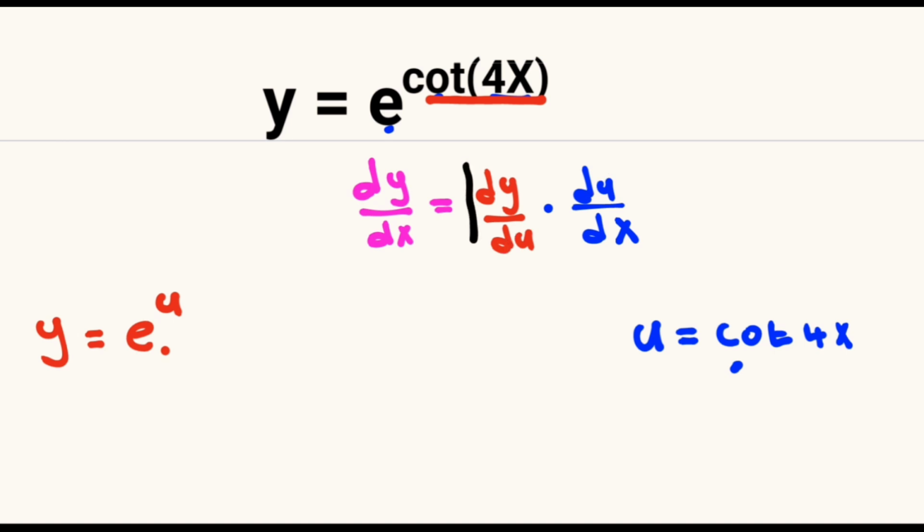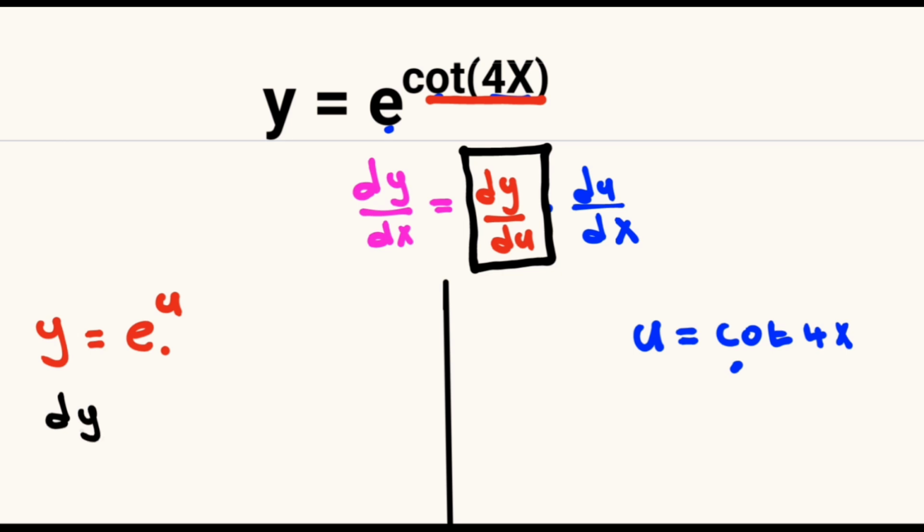We start by determining the derivative of y with respect to u, and the derivative of y with respect to u will be equal to the derivative of e raised to the power u, which is just e to the power u.